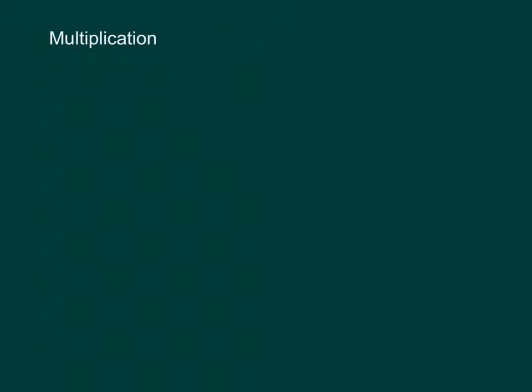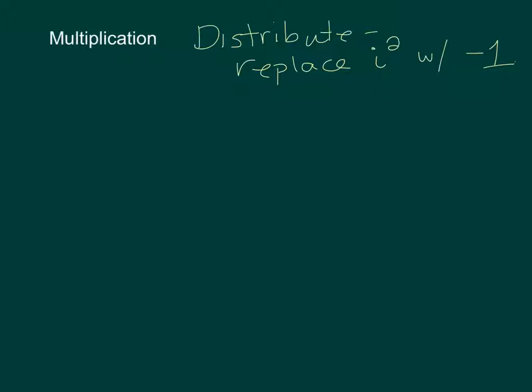Multiplication, all we want to be able to do here is distribute, and we want to replace i squared with negative 1. So for example, if I have, let's say, 2i times 3 minus 5i.